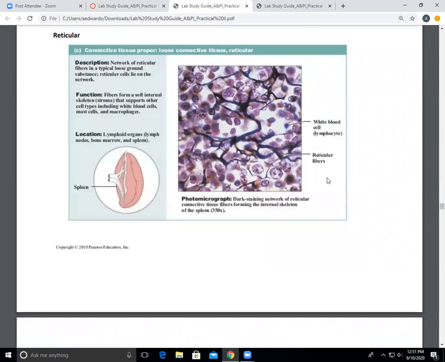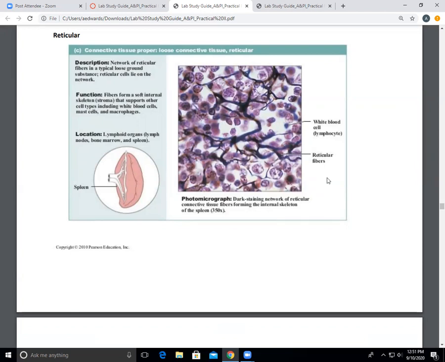So, next connective tissue we're going to cover is reticular. One of the things I also want to make sure you're aware of is the big categories for connective tissue.